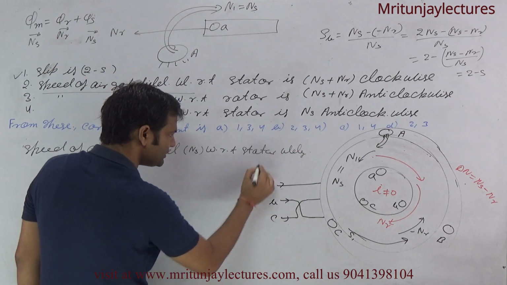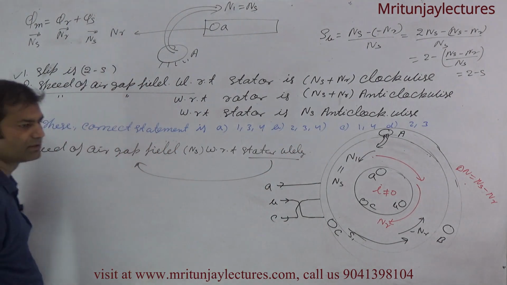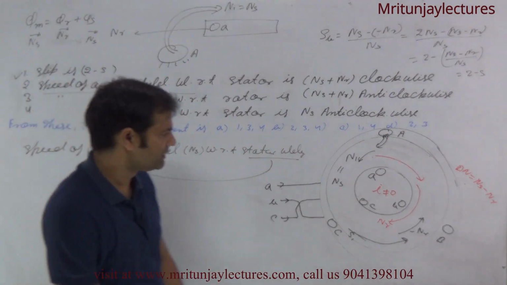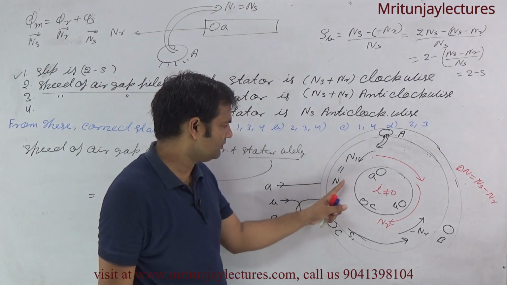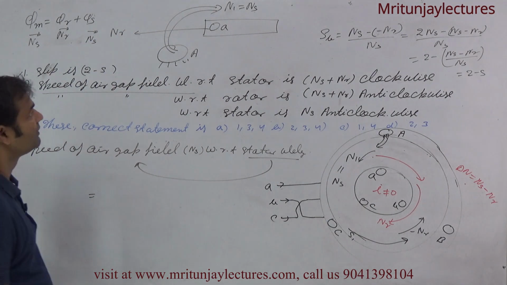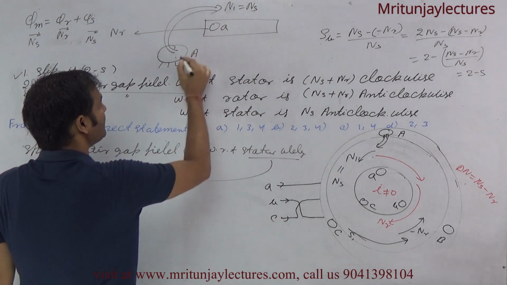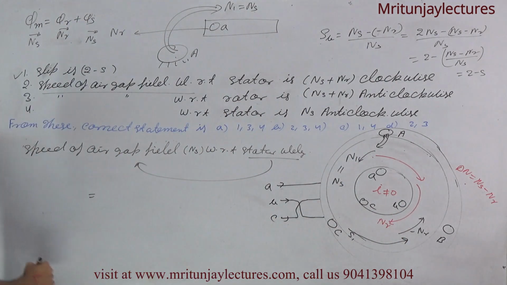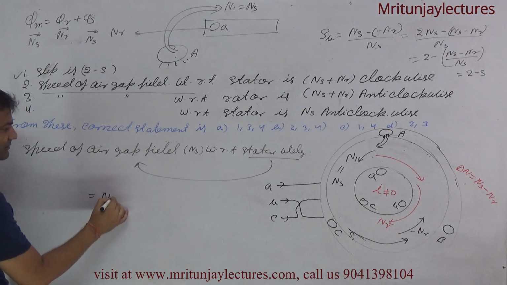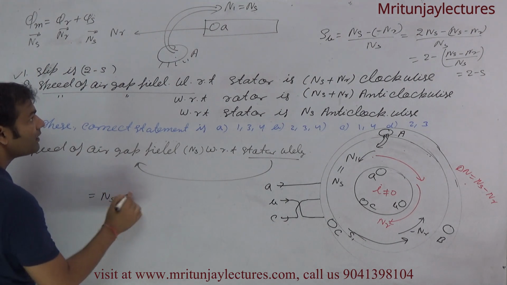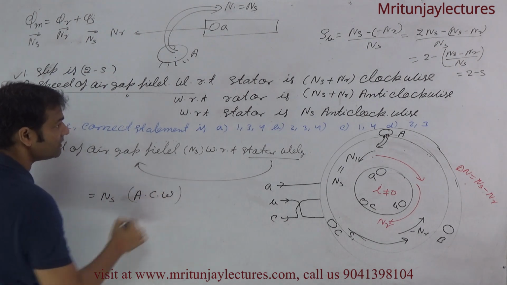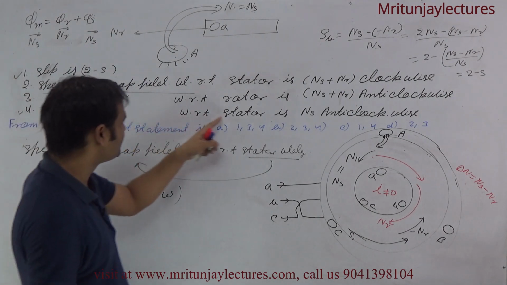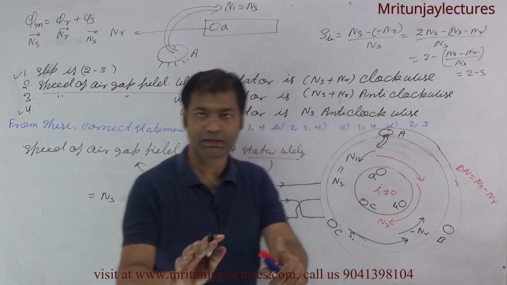You sit on the stator winding and see the air gap field. If you sit here and see this one, the speed is NS, in which direction? Anticlockwise. So it is written as NS anticlockwise. Which option is correct? The fourth option is correct. The speed of the air gap field with respect to the stator is NS anticlockwise, clear.